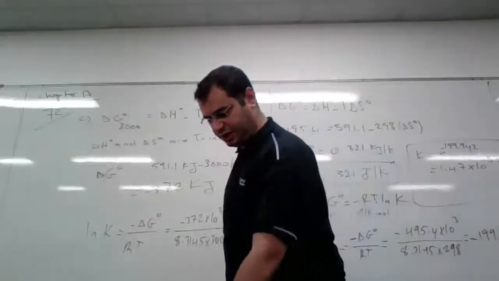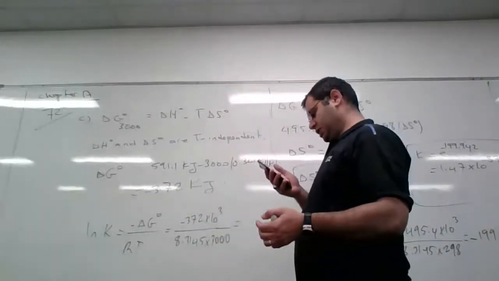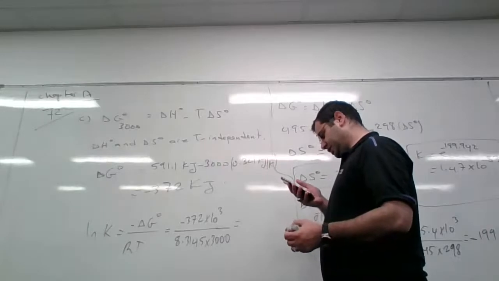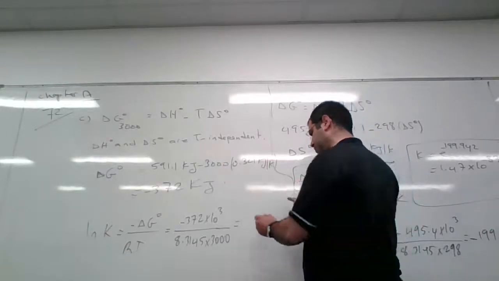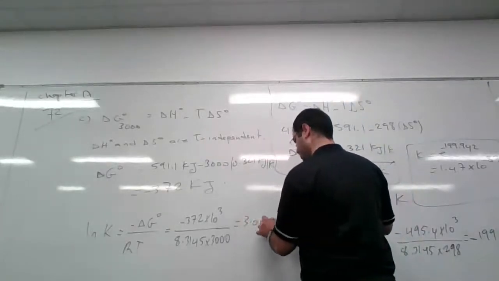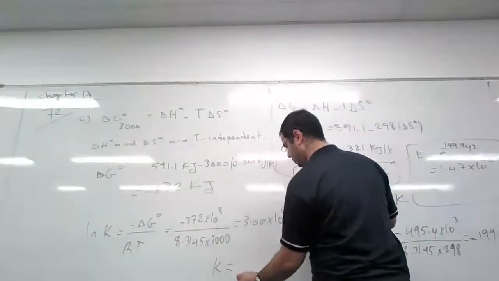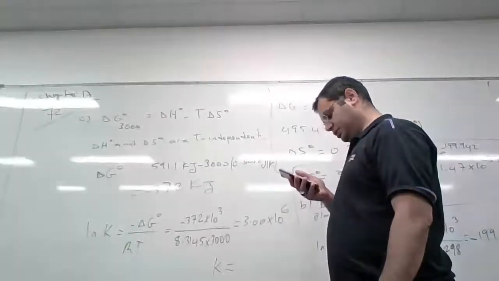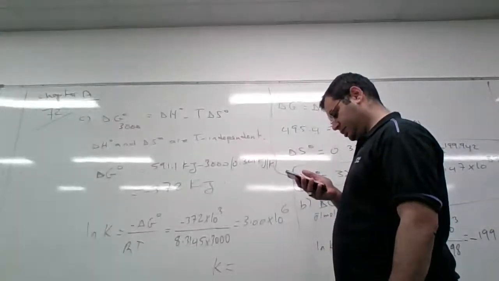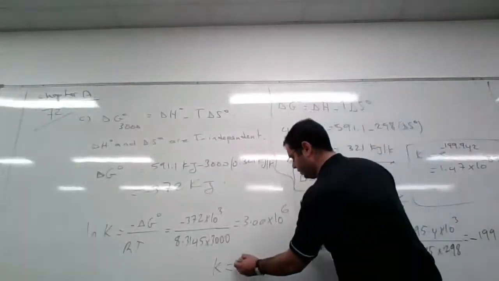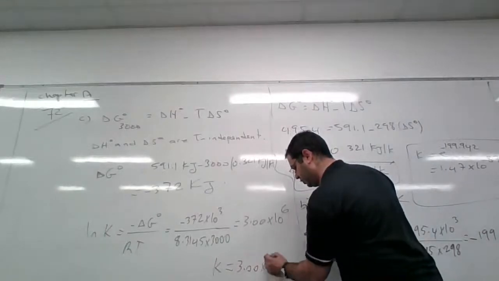The value of ln K, guys, is equal to, yeah, find it. It's 3.00 times 10 to the power 6. Of course, if you have ln K, K will be equal to, no, this is K actually. 3.00 times 10 to the power 6.